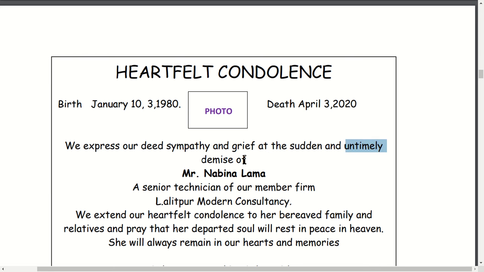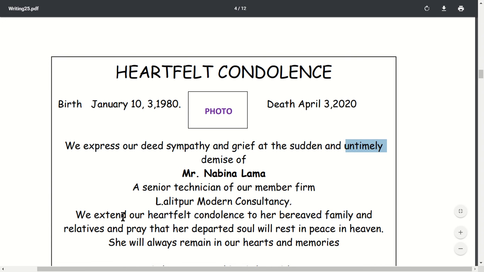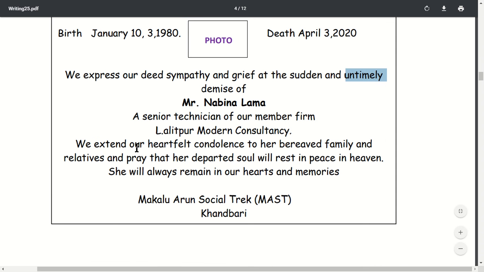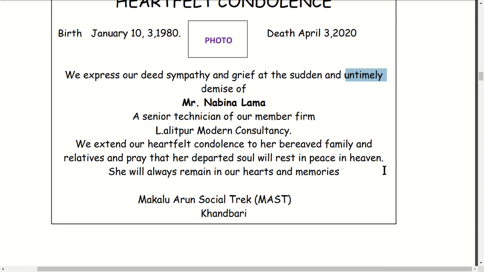Demise means death. Then we extend, after that, write these things, remember this: extend our heartfelt condolence to her bereaved family and relatives, and you should also write, pray that her departed soul, the dead soul, will rest in peace in heaven. At the end, the last line: she will always remain in our hearts and memories, and write the name of the organization.